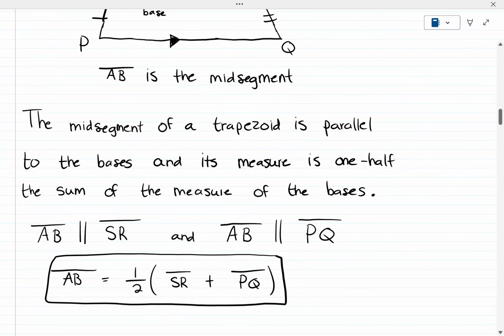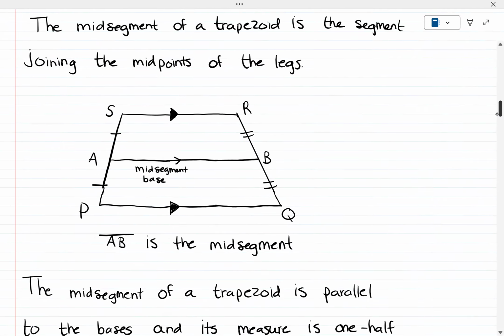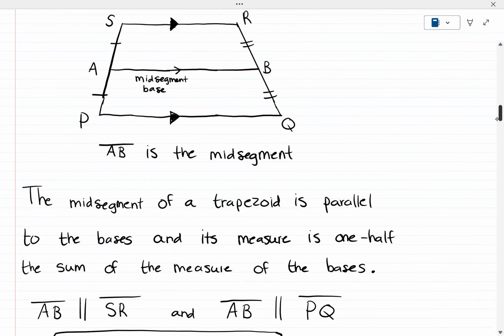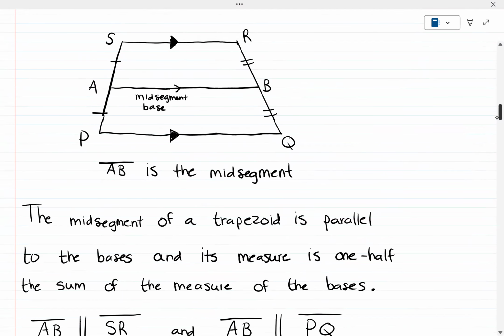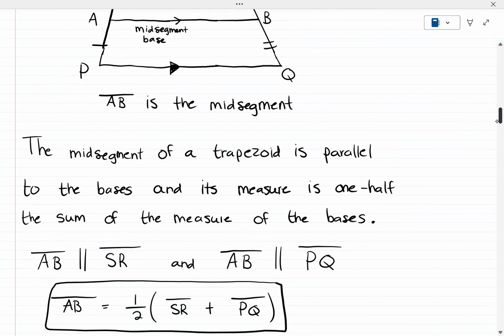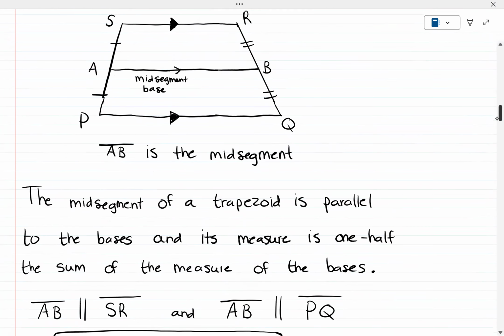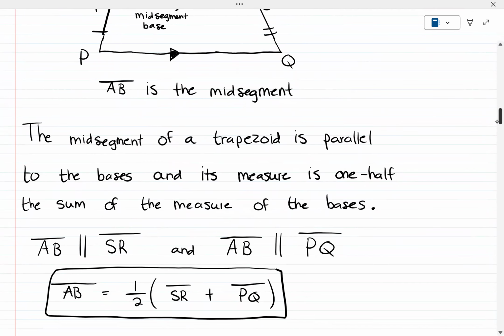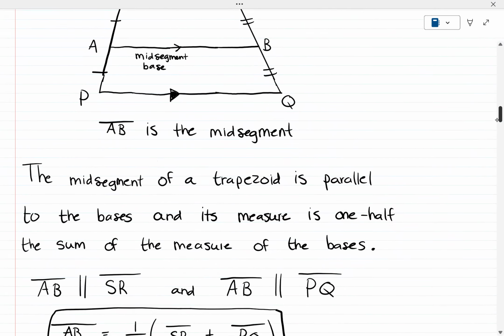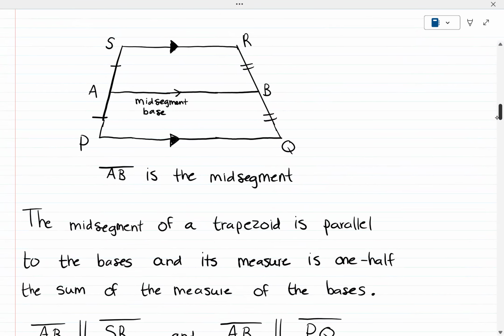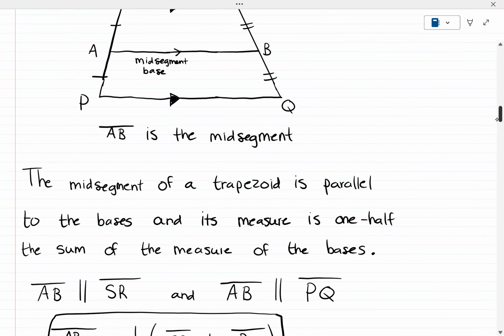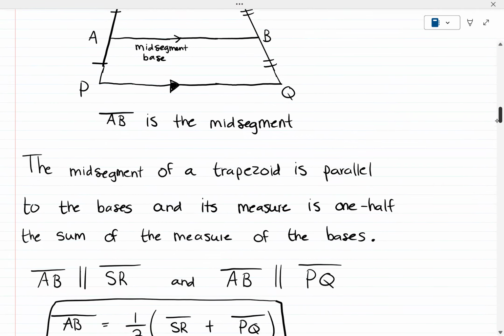As you can see, line segment AB is definitely parallel with line segment SR, and line segment AB is also parallel to line segment PQ. So you can find the mid-segment, in our case line segment AB, by adding the two bases.